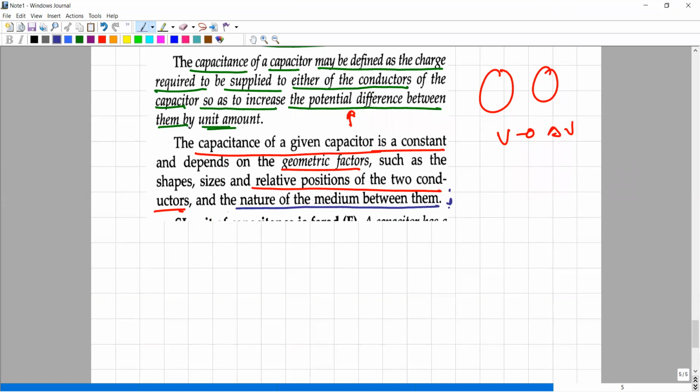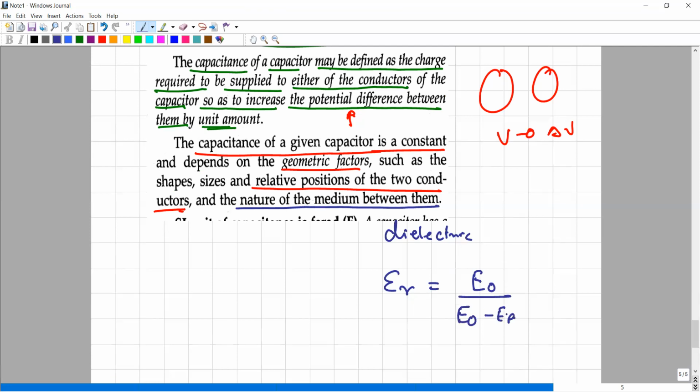This nature of the medium, we already know, should be an insulator. But what kind of insulator? There are many different types of insulators. Some have higher insulating property. That means the insulator, you have done it as a dielectric. We have already done that the dielectric constant or relative permittivity is also dependent upon the electric field and the polarization.